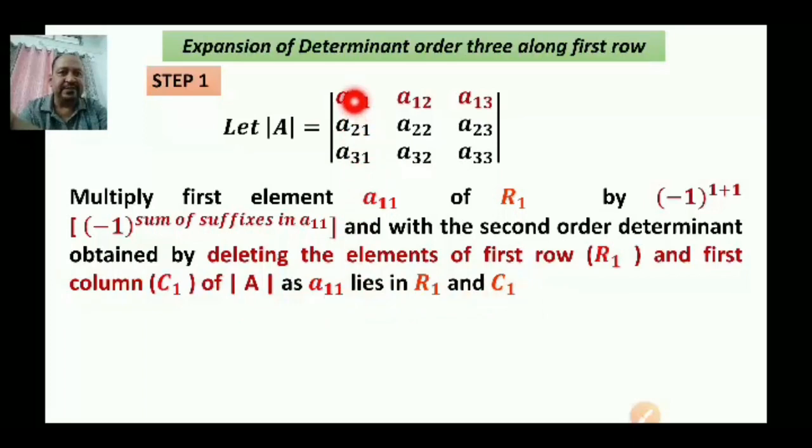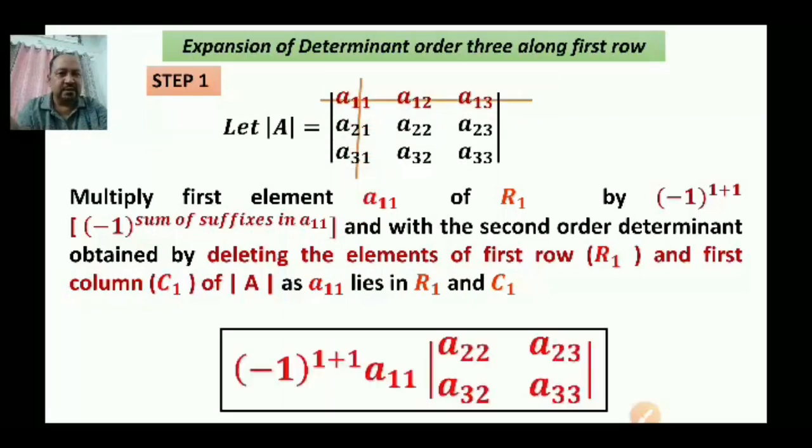Suppose you select a11, then you will cancel the first row and the first column. (-1) to the power 1 plus 1, this portion will decide the sign of the element. It is the ith row and jth column.